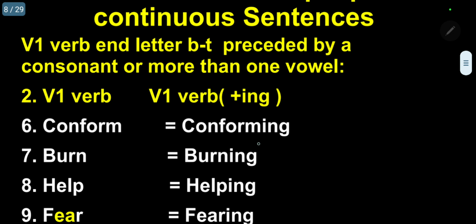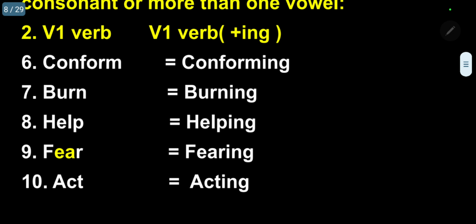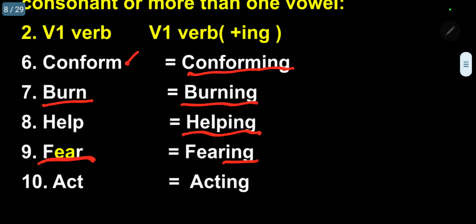The next one. Conform, M: conforming. Burn, N: burning. Help, helping. Again, R: fear. Here also two vowels, EA, so ing should be added. The last one, T: act, acting.